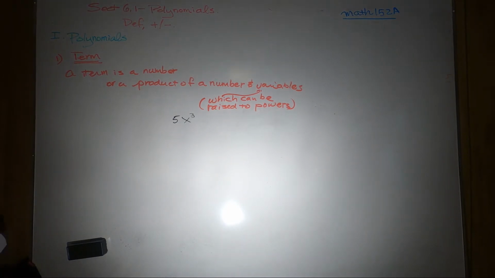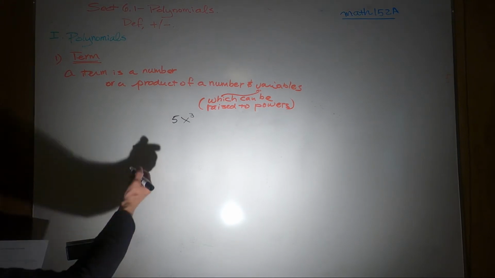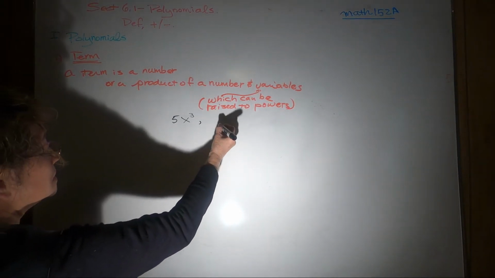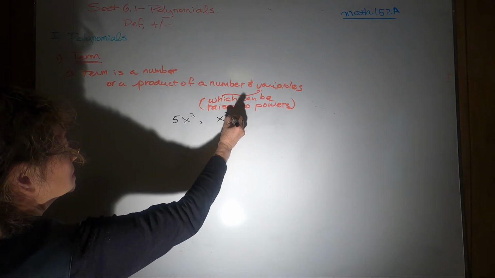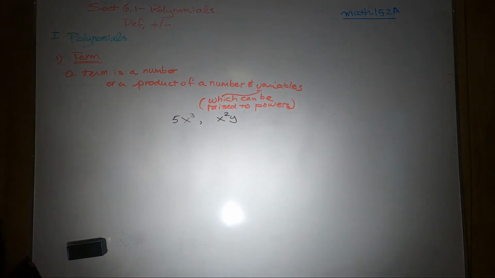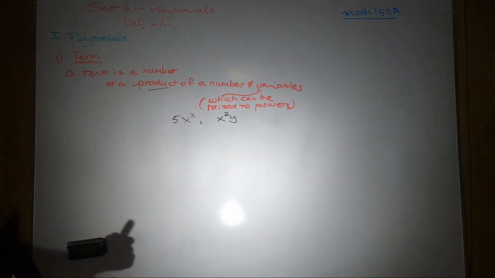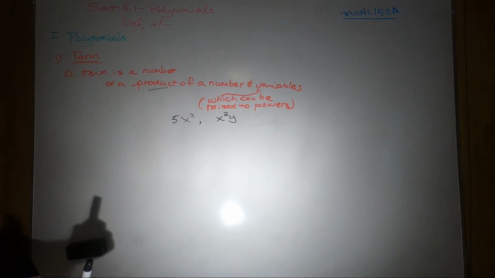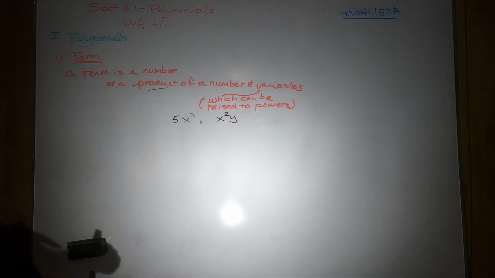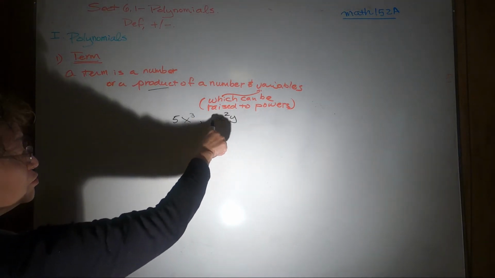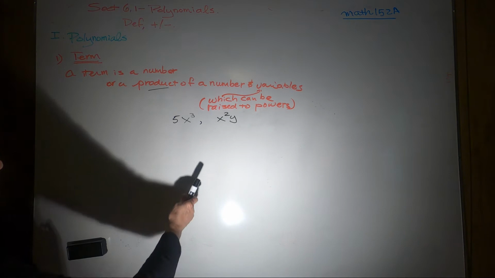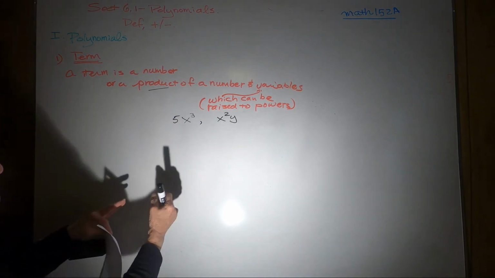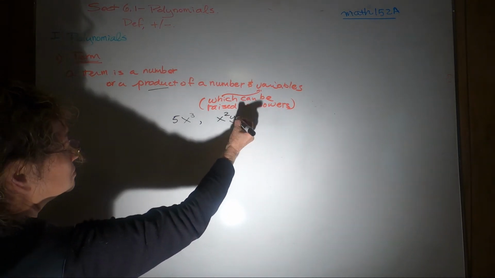Okay, so I might have this way, or I can have x squared and y. How many terms do you think that would be? A product. So still one item. Okay, that's how we treat it in algebra. And within this item, you have things squeezed together, multiplied together, right?